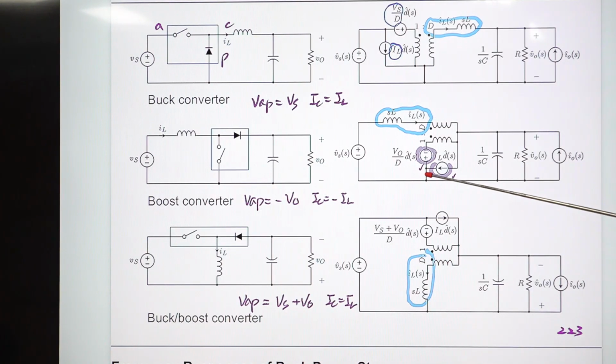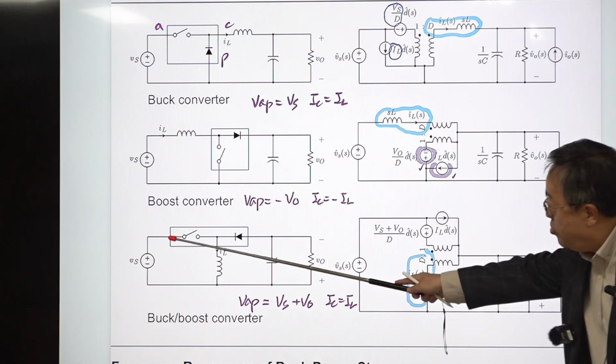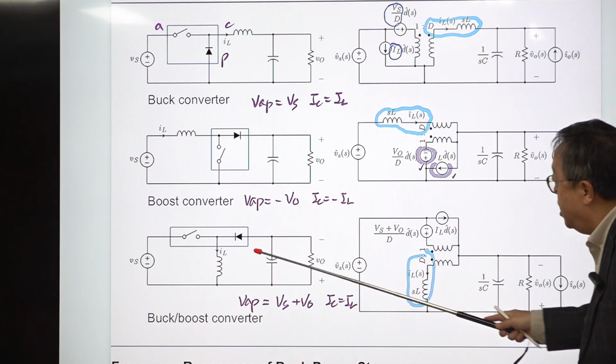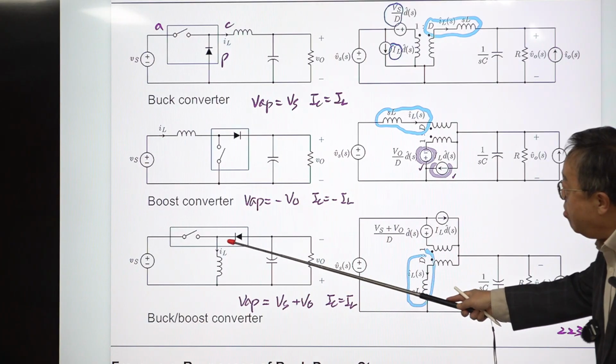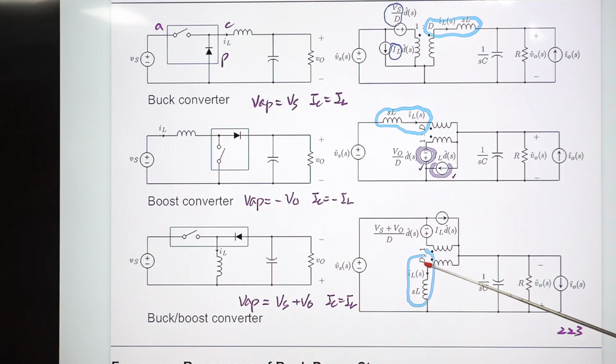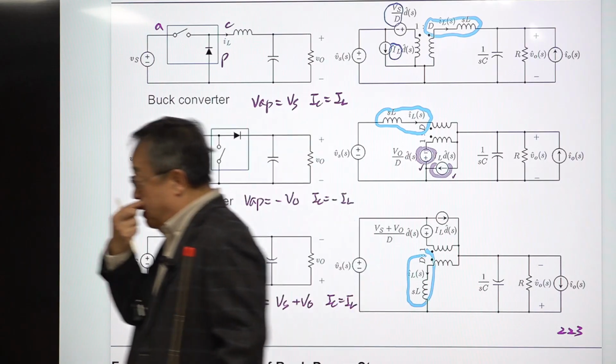Then don't put a negative sign here, just swap the position of the arrow, and it becomes the small signal model of the boost converter. And the buck-boost converter: voltage across this AP is this one, and here IC is the same as IL. For all converters, this D comes with this inductor, okay?